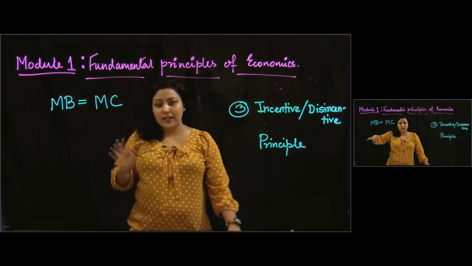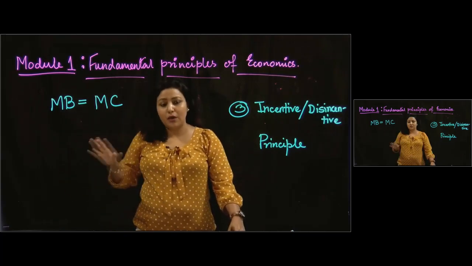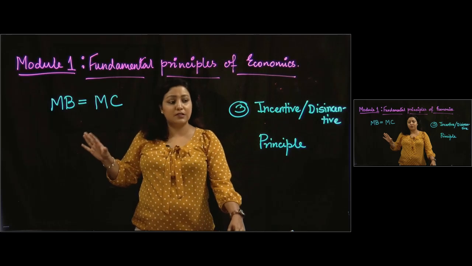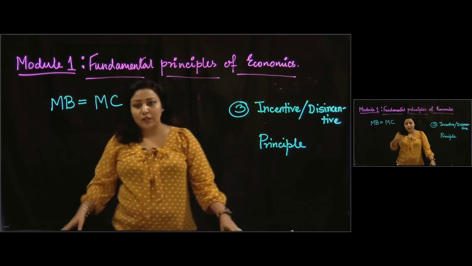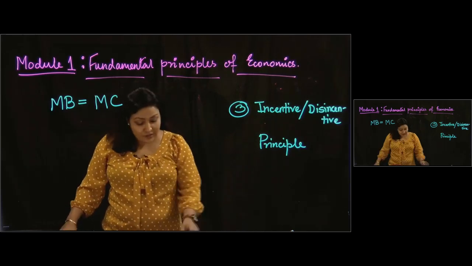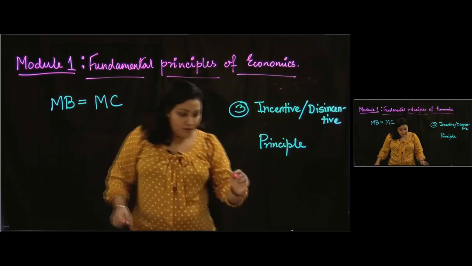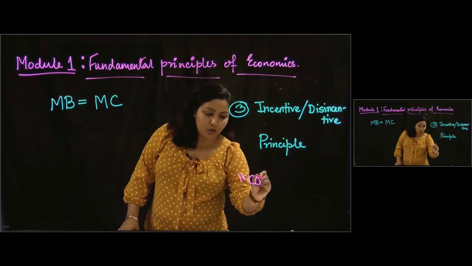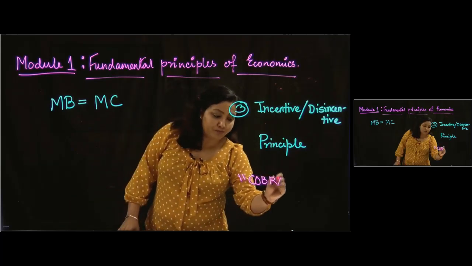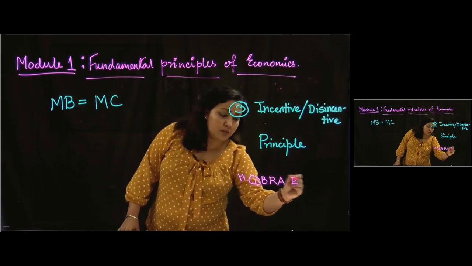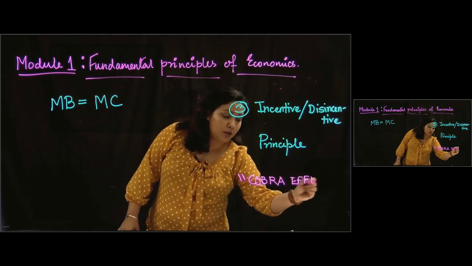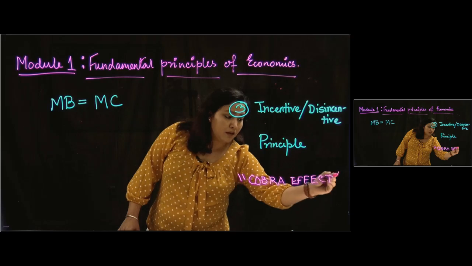Now, before I end this part, before we move away from this incentive-disincentive principle, let me tell you a small story. And this story is about the Cobra effect, and you can Google it if you want. There are also some nice YouTube videos about the Cobra effect.